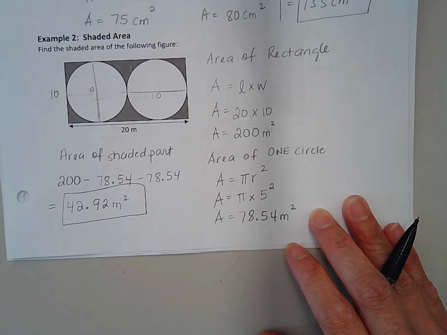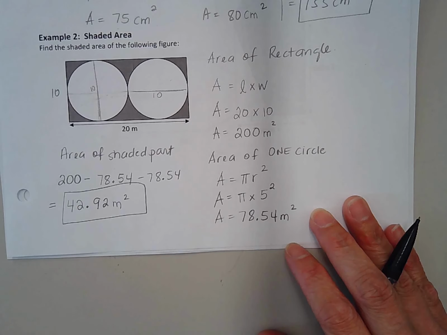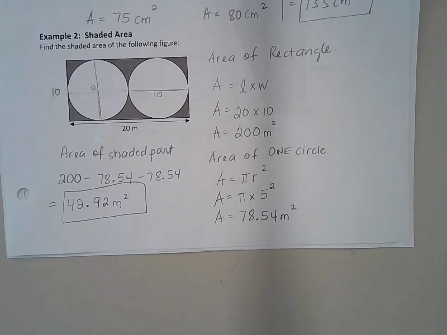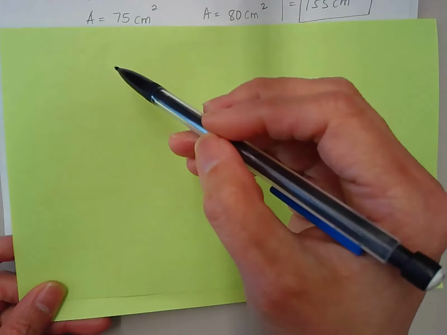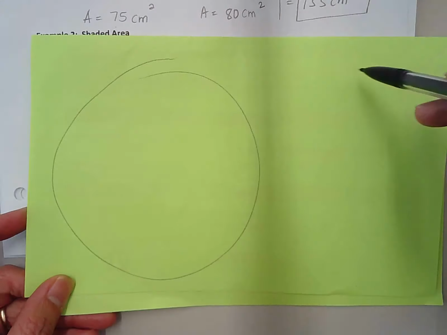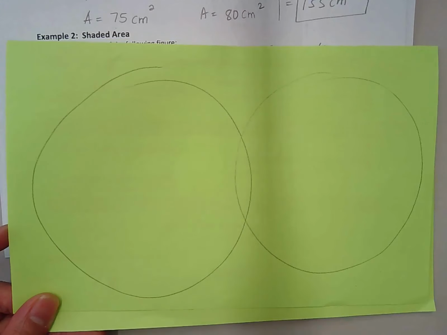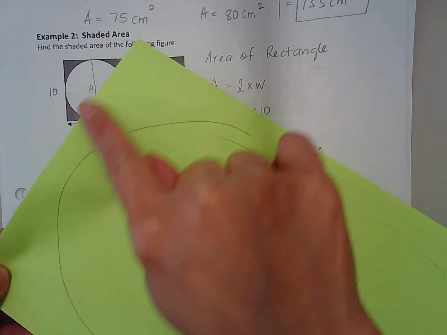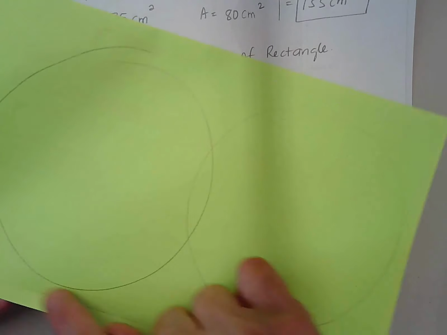Is that okay? 200, 2 times your minus? Yeah, you're going to take away, because imagine you started off with a rectangle, and then you cut off the circle. You take off the circle, and then what remains is this part here, right?